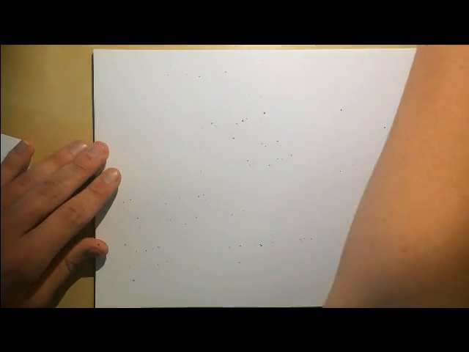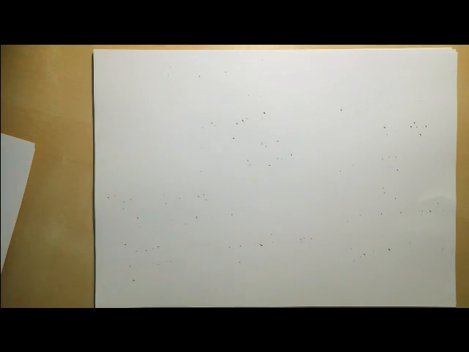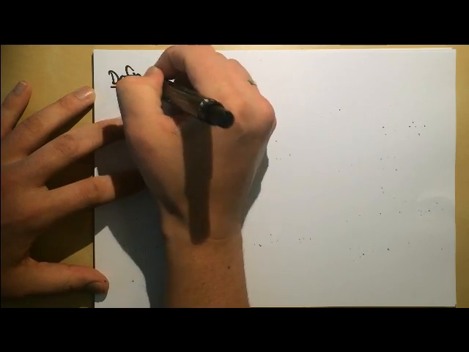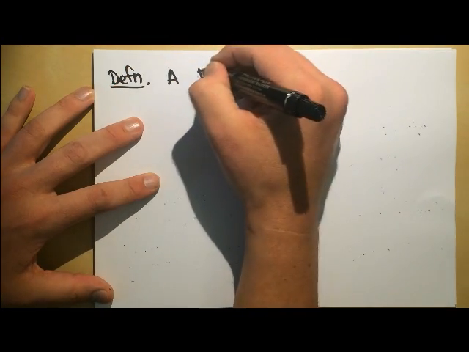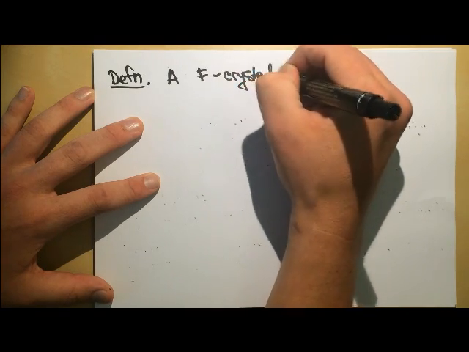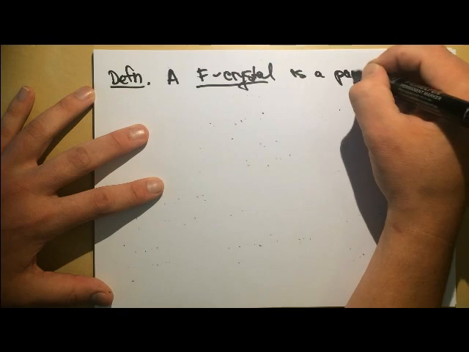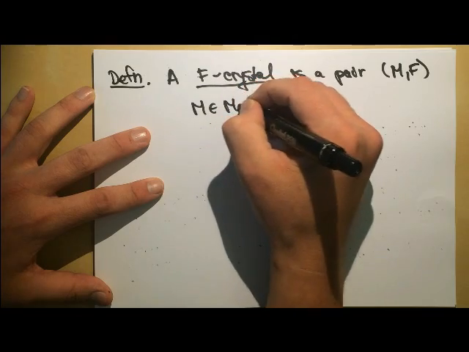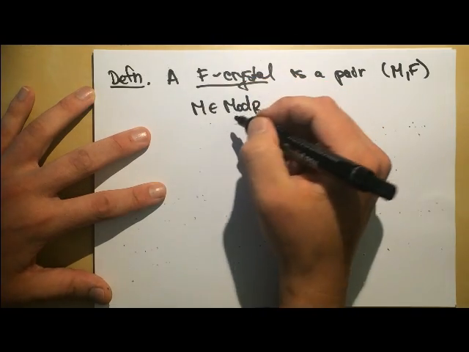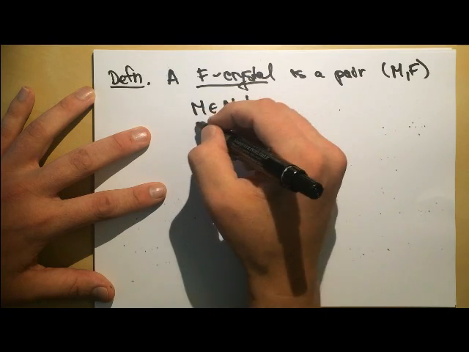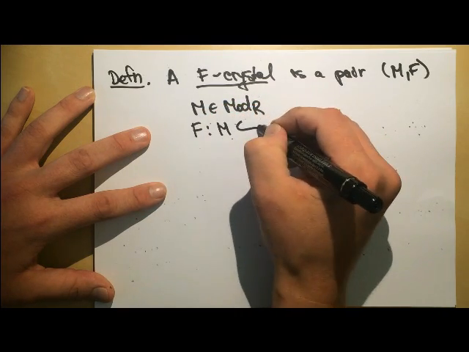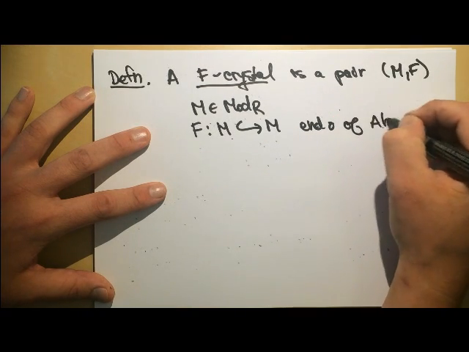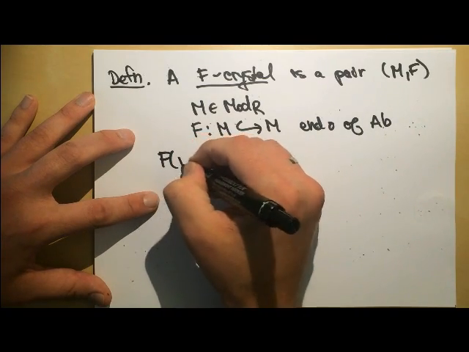First, let me just give you the abstract definition of an F-crystal. An F-crystal is a pair (M, F) where M is an R-module, and F is an endomorphism of abelian groups, and it's going to satisfy the following properties.